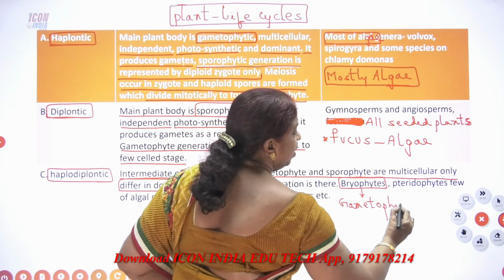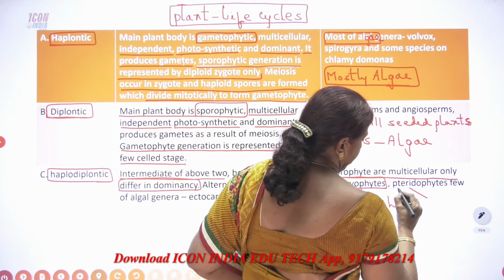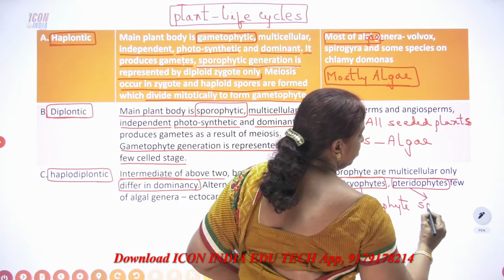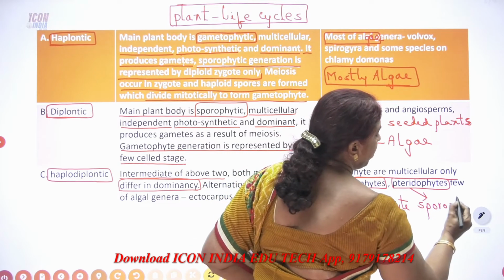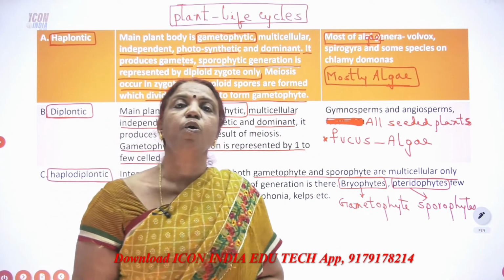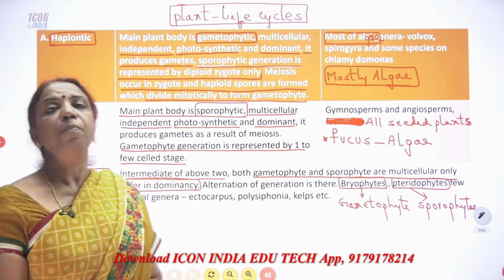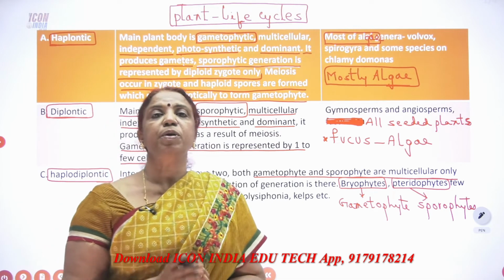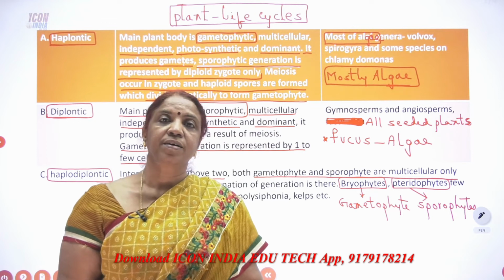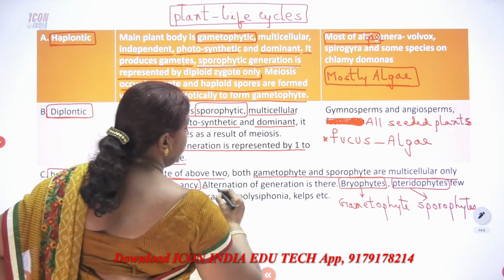So all bryophytes and all pteridophytes have a haplodiplontic life cycle. Haplodiplontic means the haploid gametophyte alternates with the diploid sporophyte. So in the haplodiplontic life cycle, there is an alternation of generations.